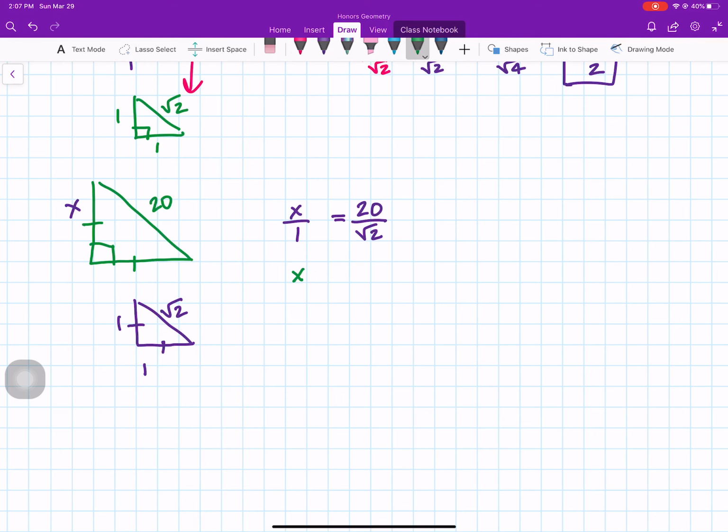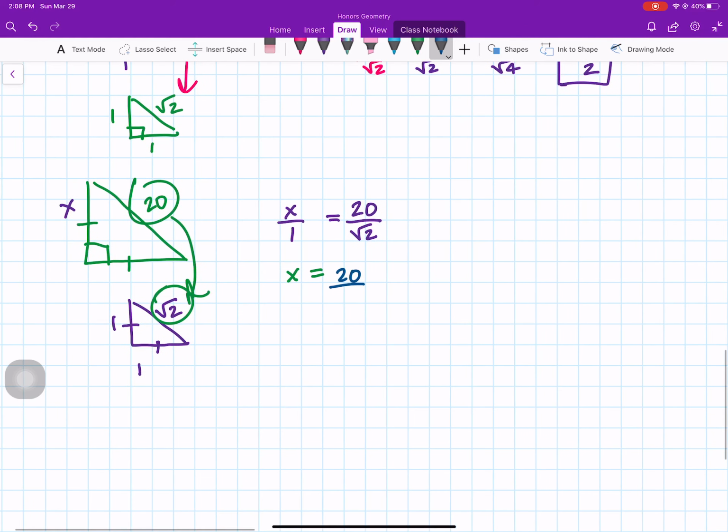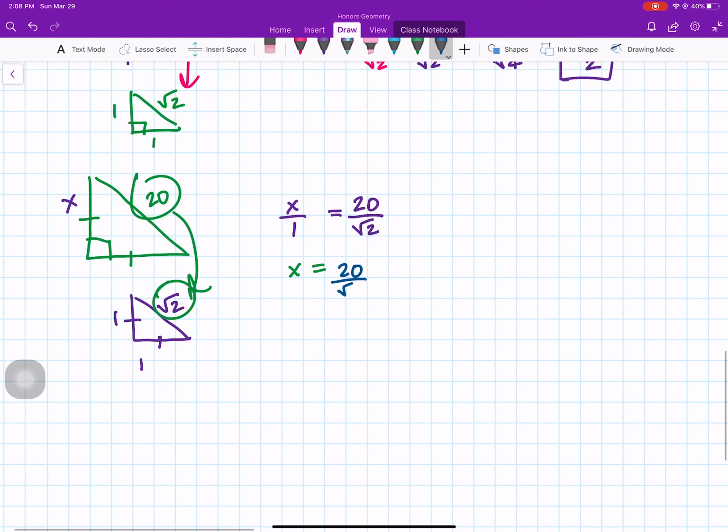Again, x over 1 is x. And we're still comparing hypotenuse to hypotenuse. 20 over root 2 does not reduce nicely. So what you need to do is, again, rationalize the denominator.